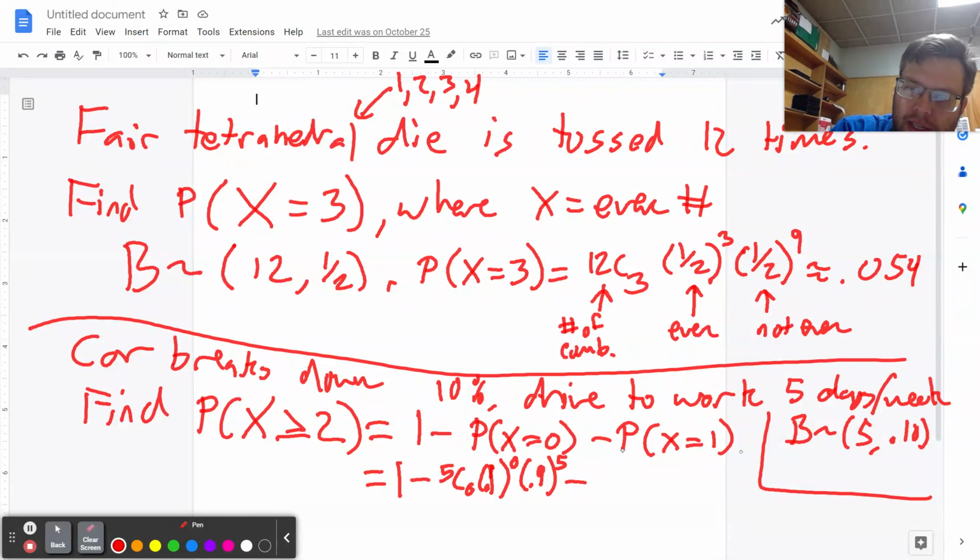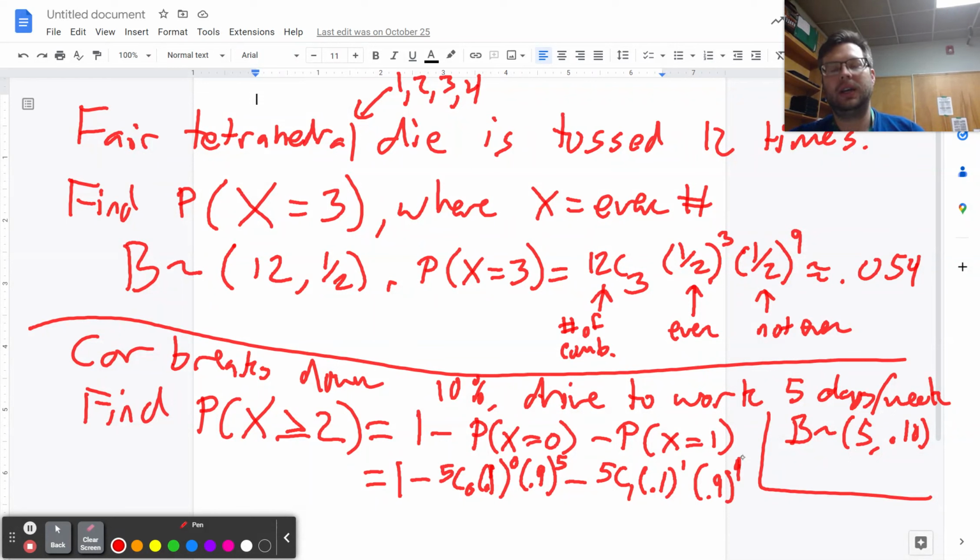For the probability that x equals 1, you do 5 choose 1. So there's 5 ways to choose one of the days for your car to break down. That's going to happen with a 0.1 probability once, but that means that the other 4 days all had to happen with 0.9. So this is just a big long thing to type into your calculator.